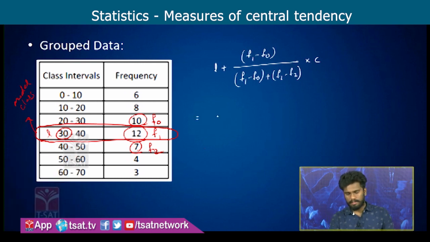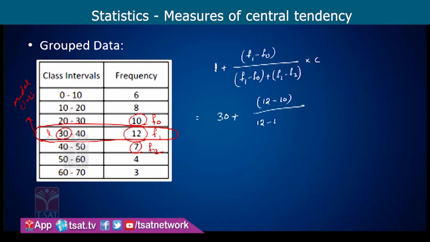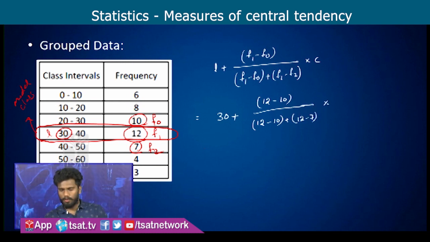For this problem it is 30 plus 12 minus f0, which is 10, divided by 12 minus 10 plus 12 minus 7, into the width of the class interval, that is 10.